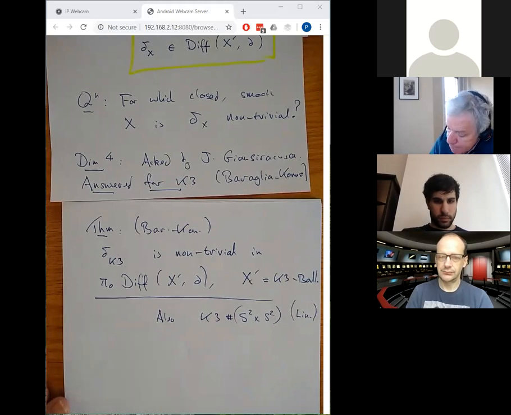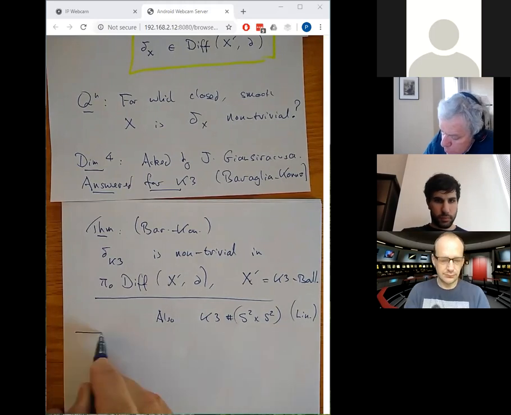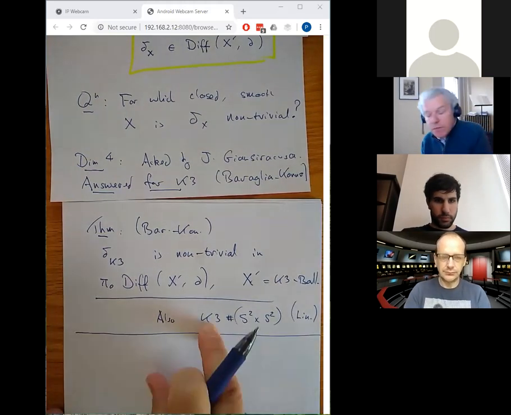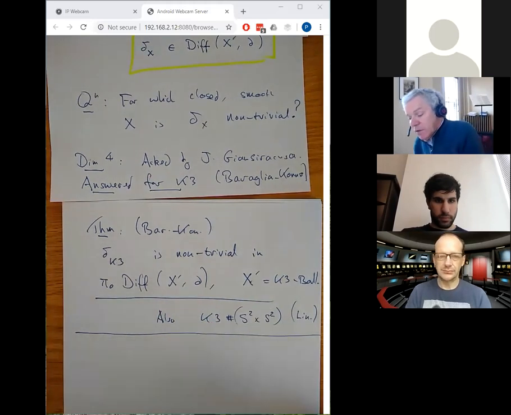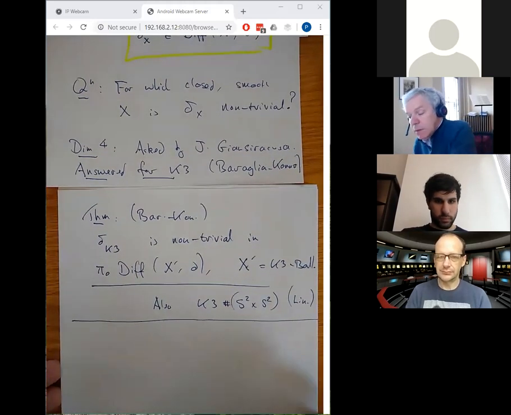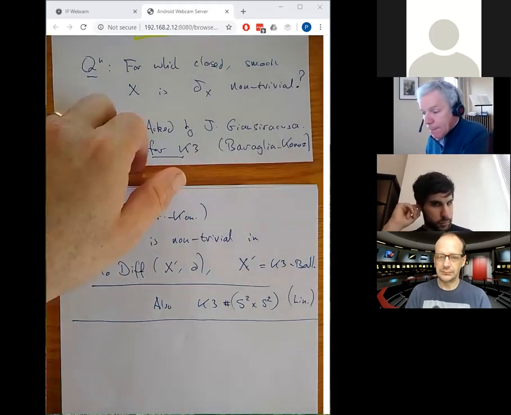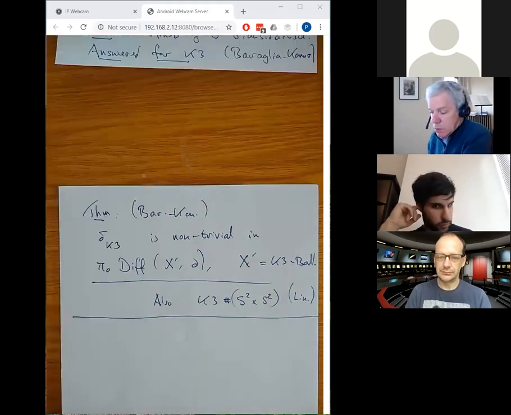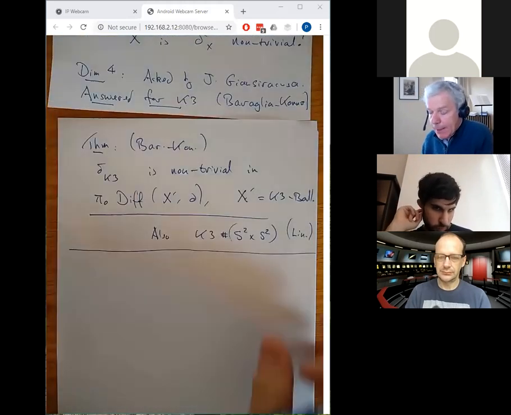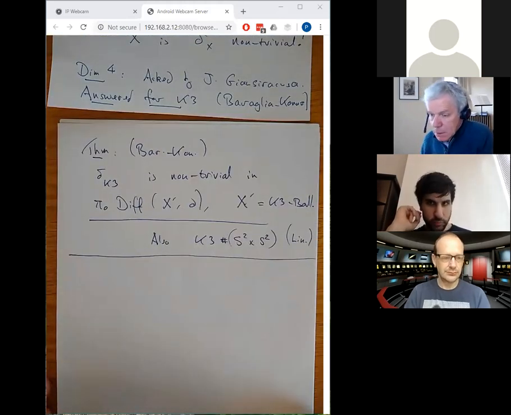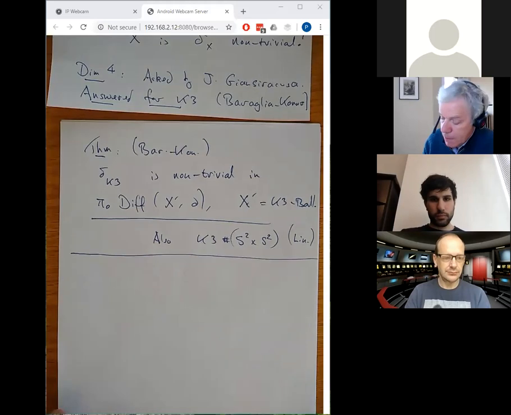If you took a connect sum of two K3s, I don't know the answer to this question. I don't know the answer to this question if X is a smooth sextic surface or just about a huge slew of examples.